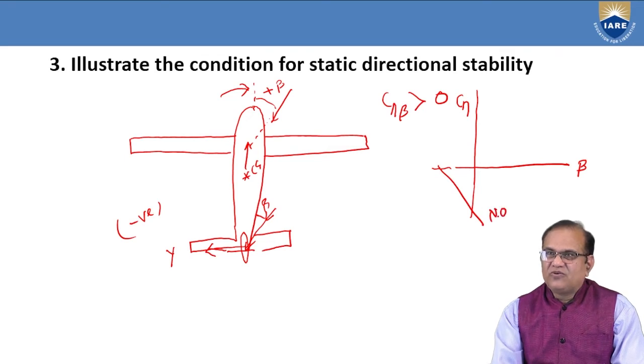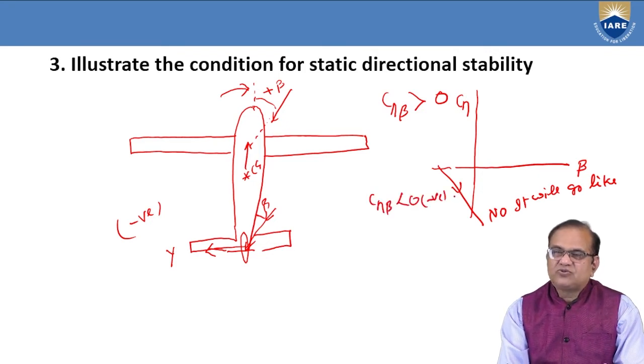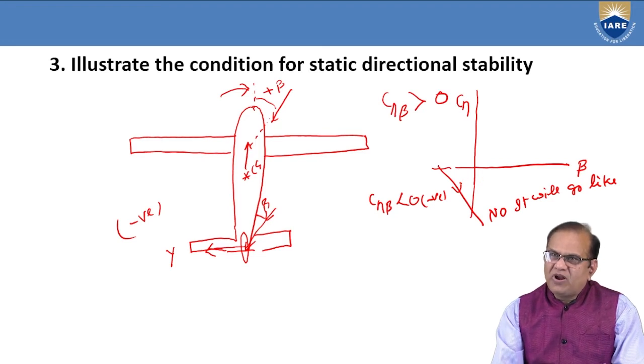No. It will not go like this, because it shows that this is the Cn beta is less than 0 or negative. The slope is negative. So how we have to plot? We have to plot like this.